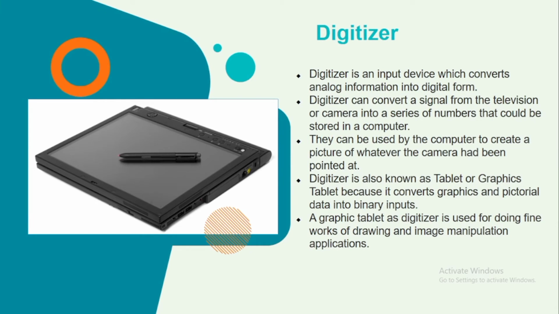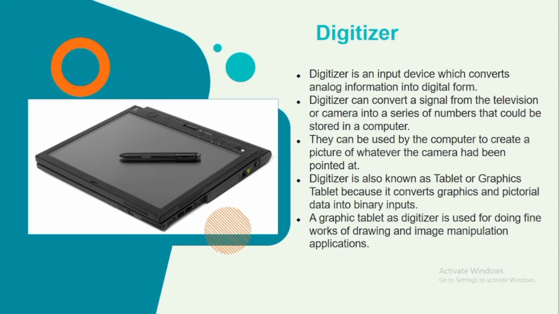Next is digitizer. A digitizer is an input device which converts analog information into digital form. A digitizer can convert a signal from the television or camera into a series of numbers that could be stored in a computer. They can be used by the computer to create a picture of whatever the camera had been pointed at.